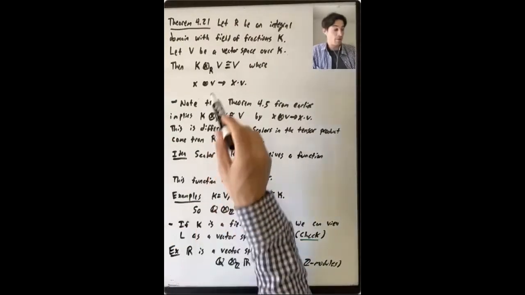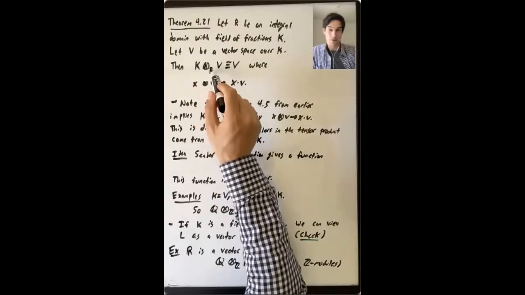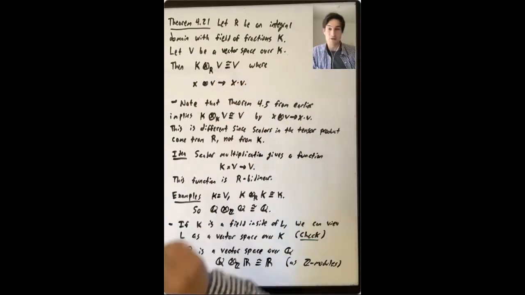Okay, so the thing I really want to emphasize here is that K is an R module, and V, this vector space over K, it's a K module, but it's also an R module. And you should check that you really believe that that's true.